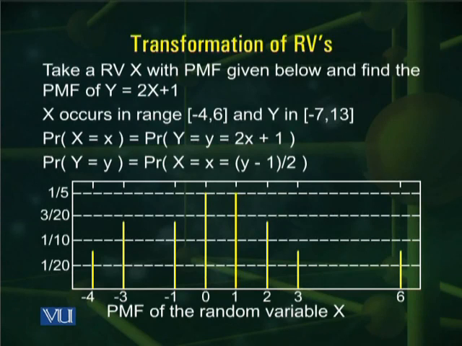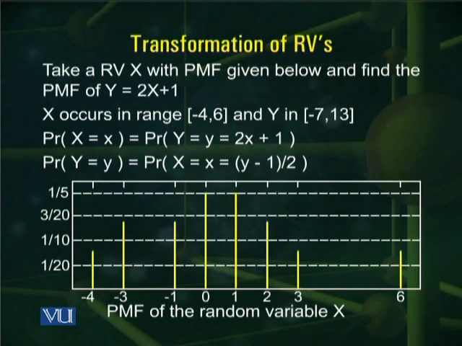Let's define our transformation, and this transformation is going to be a reversible transformation where y is equal to 2x plus 1. So if x takes on a certain value, then the transformed random variable takes on a value which is twice the value of x plus 1.